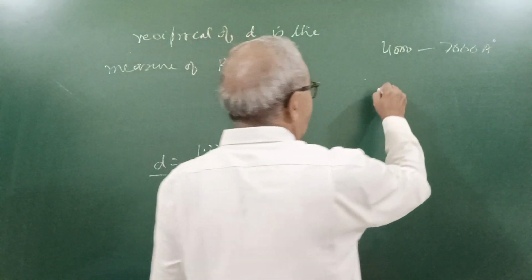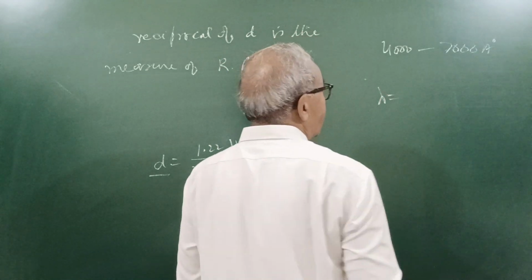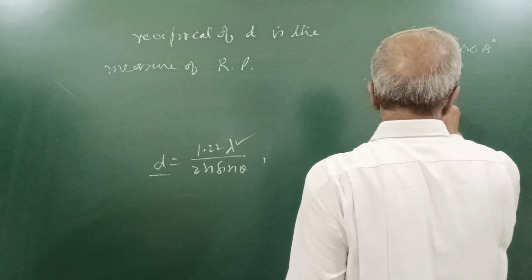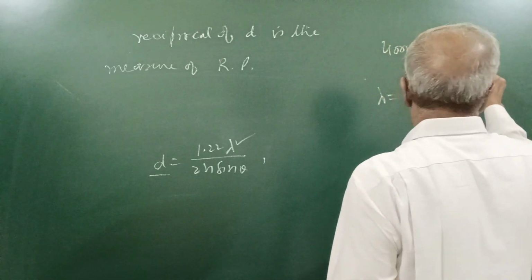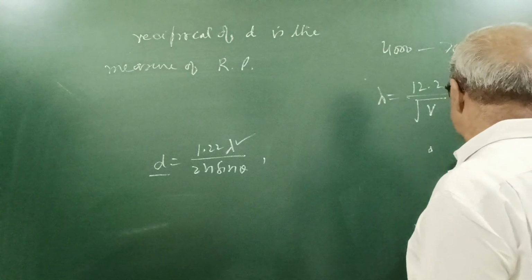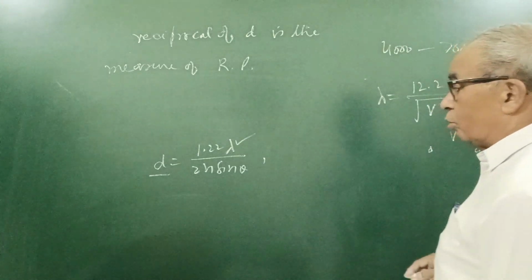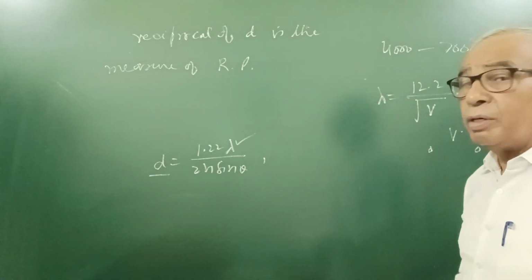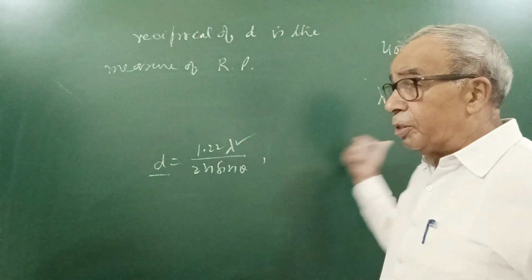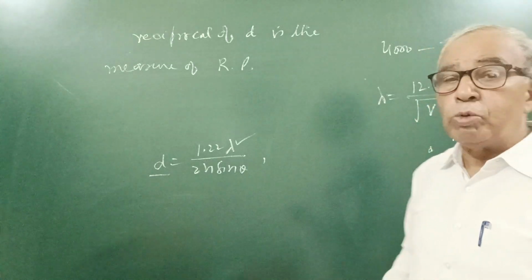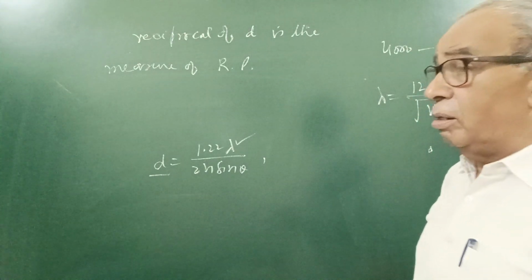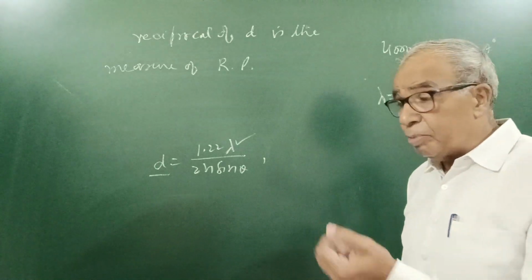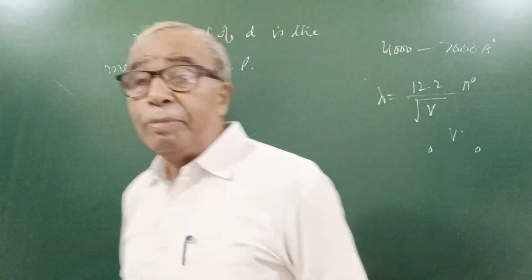The de Broglie wavelength of an electron, you might have learned, is 12.2 upon root V, where V is the voltage through which electrons are accelerated. If it is 100, then the wavelength is 1.2 angstrom only. And if it is 10,000, 0.12. So that way, using an electron beam in place of light, we can increase the resolving power up to 20,000 times.